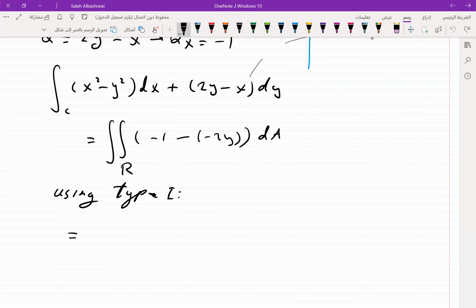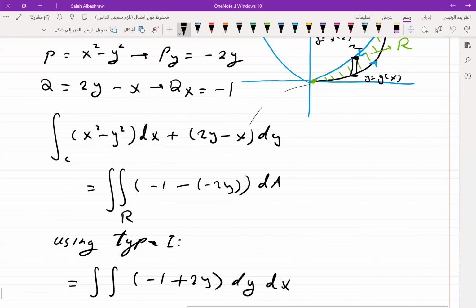Using type 1 means using the constant limit for x and writing y as a function of x. If we are speaking about type 2, we will use the constant limit for y and write x as a function of y. So type 1, I will have minus 1 plus 2y, dy dx, keeping x for the constant limits.